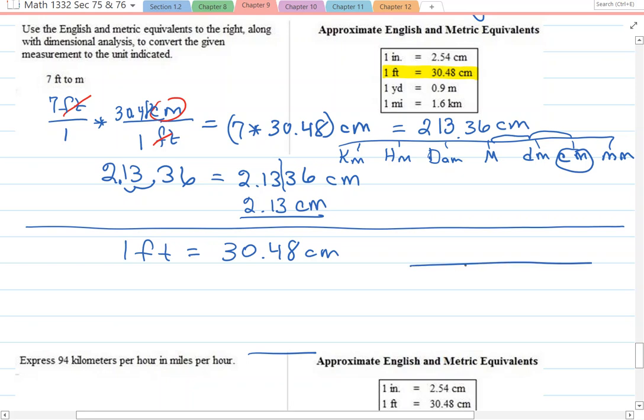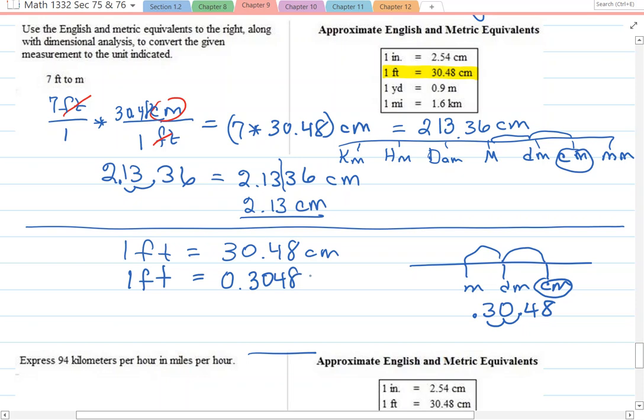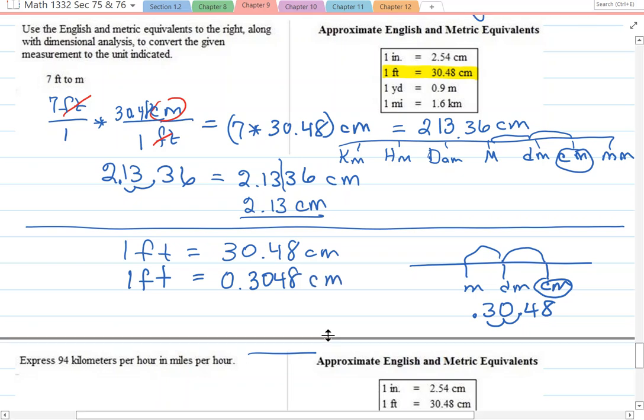So if I had meters, decimeters, and centimeters, I would know I'm moving 1, 2 to get meters. So I do 30.48 and go 1, 2 and put a decimal there. Then I have 1 foot equals 0.3048 meters. And we'll see if we get the same answer.